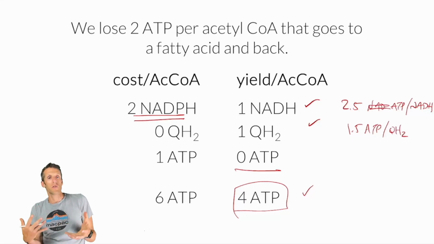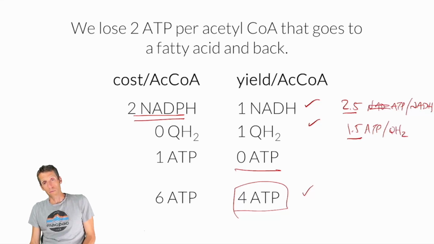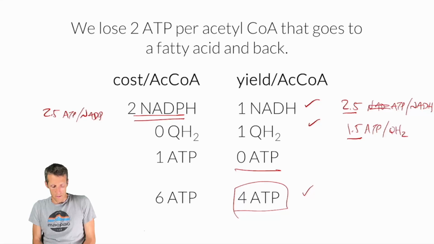You get less energy out of a QH2 because it enters the electron transport chain at complex 2 and doesn't pump as many protons as NADH, which pumps at complex 1. So you have 2.5 ATPs per NADH, 1.5 ATP per QH2, whereas this is 2.5 ATP per NADPH, right? This is basically the same as an NADH.